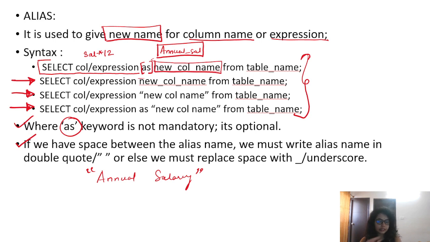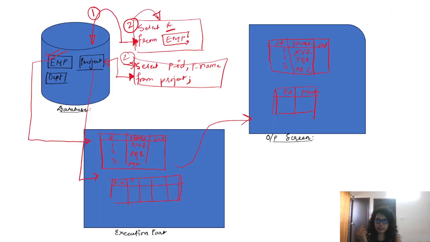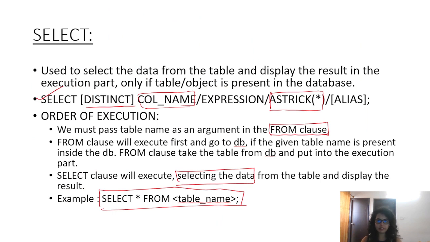So that's it for what all things you can write in your select statement. We have seen distinct, column name, asterisk, alias and expression. Today we have completed what all things we can write along with the select statement and how it actually works. In the next video, we'll understand what is selection. Thank you so much.